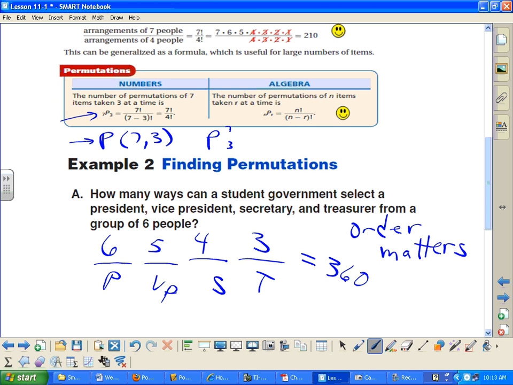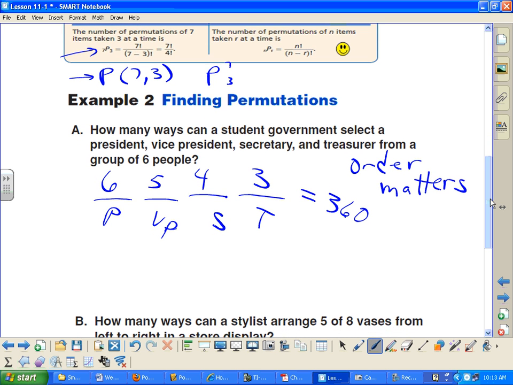Now, if we use our formula for permutations then, here we have a permutation of 6 people, and we're choosing 4 of them. So in the numerator, we will have 6 factorial. In the denominator, we'll have 6 minus 4 factorial.